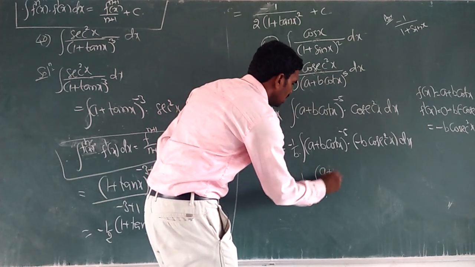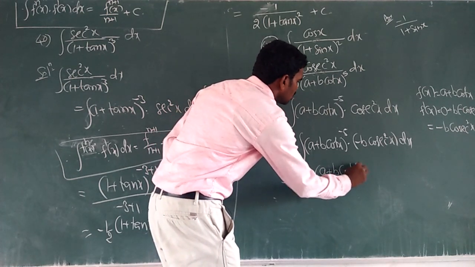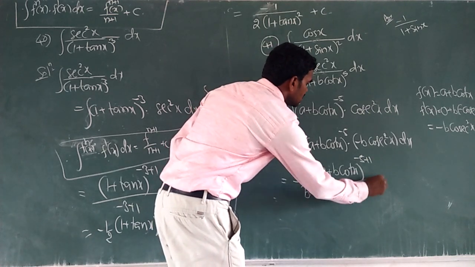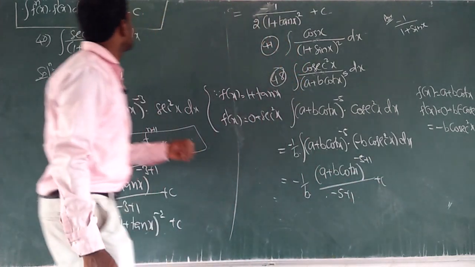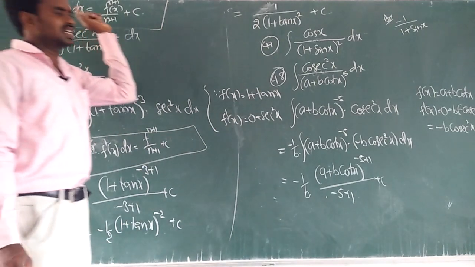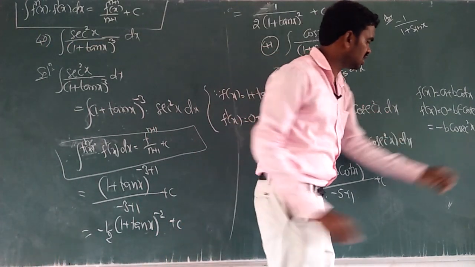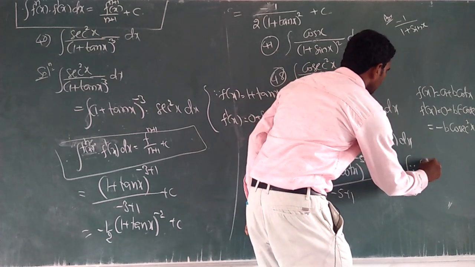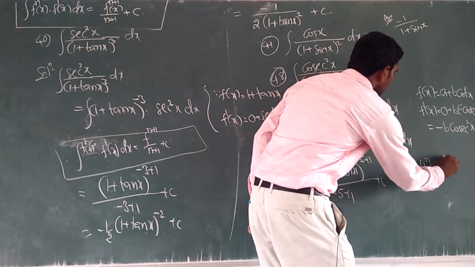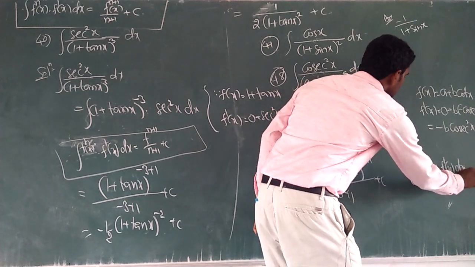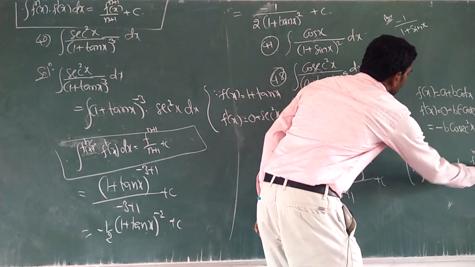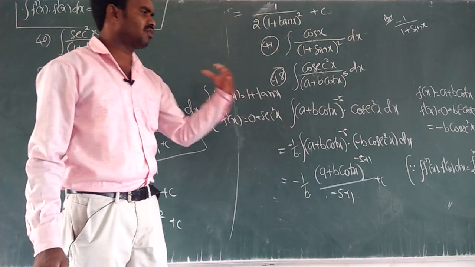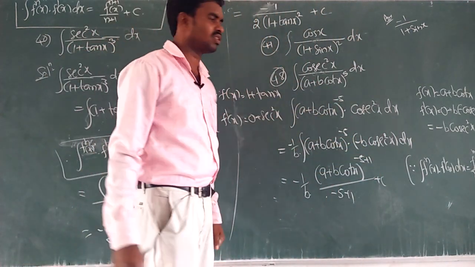So (a plus b cot x) to the power of minus 5 plus 1 by minus 5 plus 1. Which formula is used? If you are interested, write it on the right side: the integral of f power n of x into f dash of x dx is f power n plus 1 by n plus 1. If you write the formula in each and every problem, it will be remembered very easily without any difficulty.